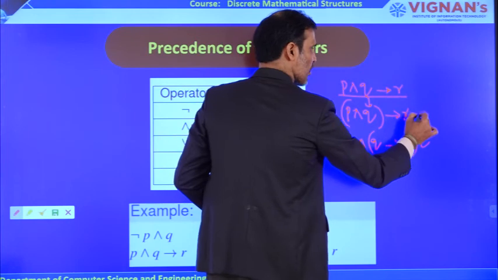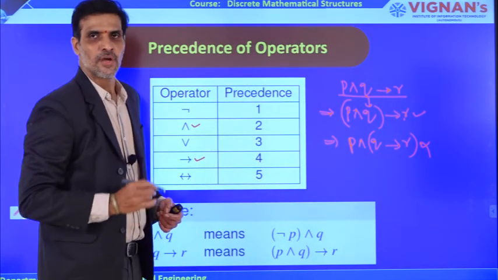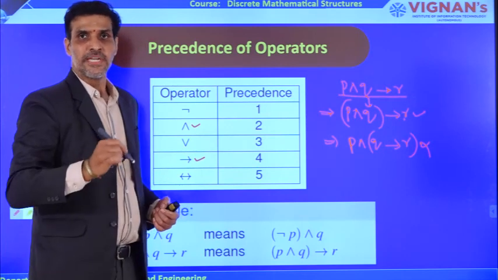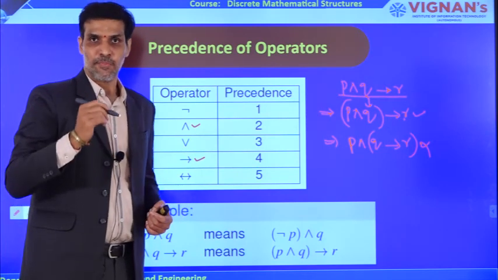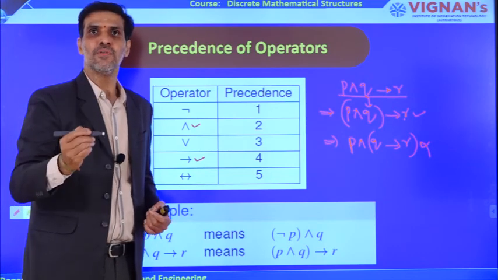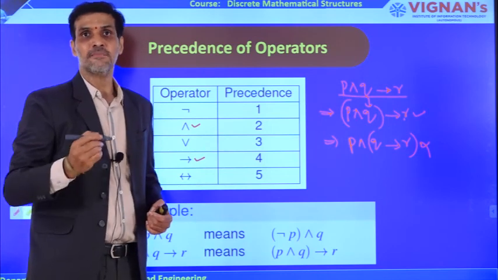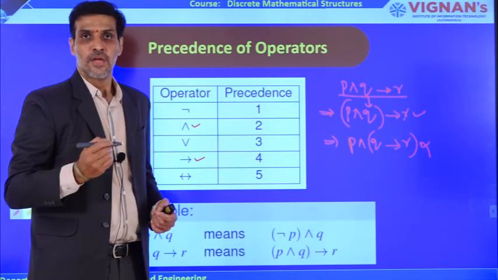Implication. So that's why I am going with this, and not with this, as per the precedence of operators. So precedence of operators plays a very important role in propositional logic, which will give you the well defined statement of a propositional logic, that is the semantics of the propositional logic.